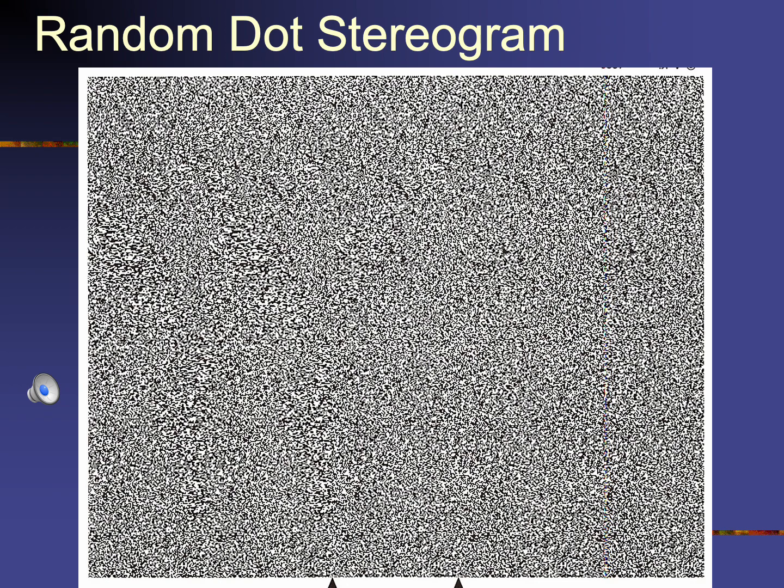And if you look at this image and look past it, like the one I showed you before, you should be able to see a 3D picture emerge out of the dots. And here I see sort of a star shape coming out of the middle of it, as if it was sand at the beach or something, and this star-shaped object is coming out of the sand.